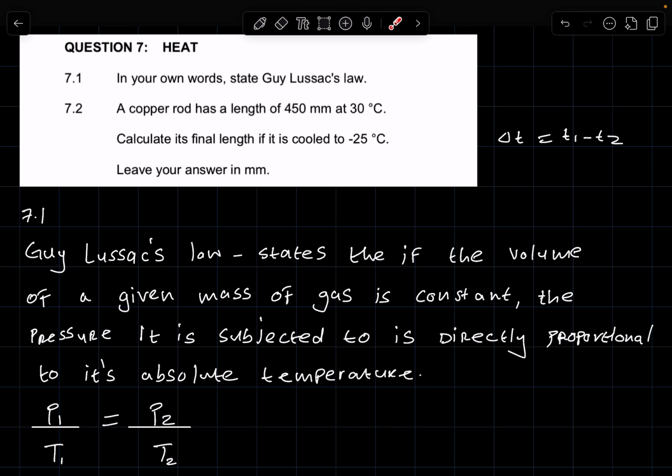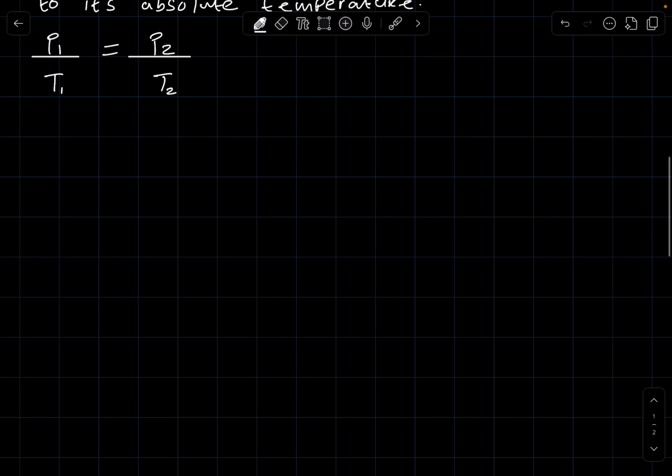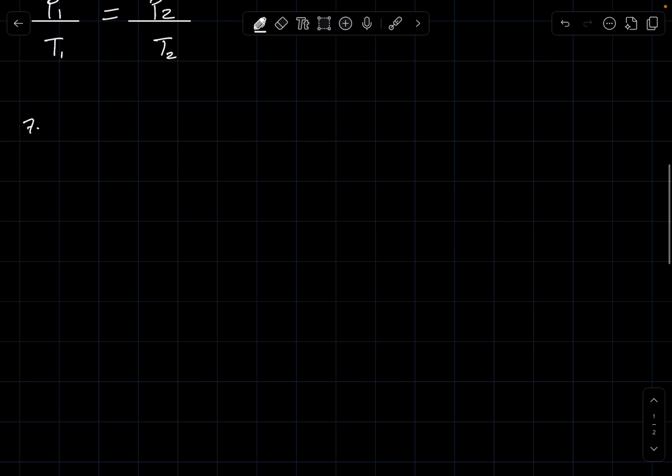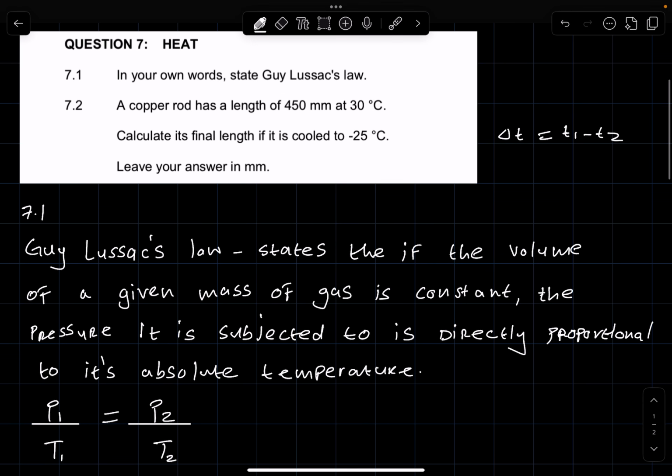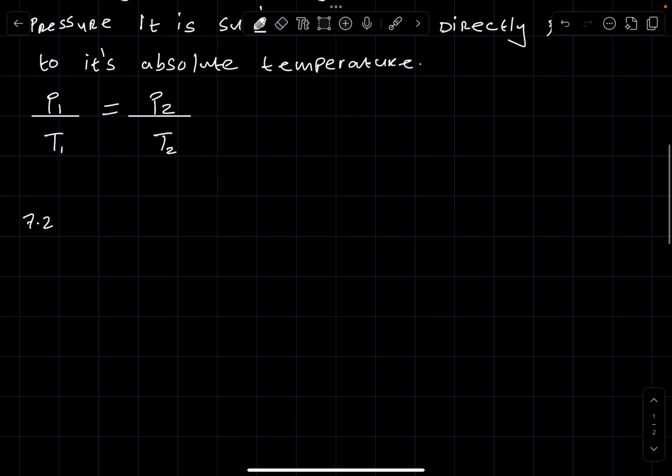So they want us to calculate the final length after the contraction has taken place. So this is 7.2, the copper rod. Let's write down what we've been given here.